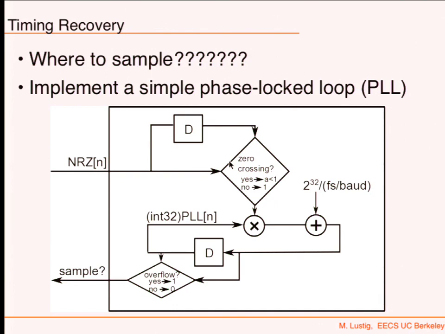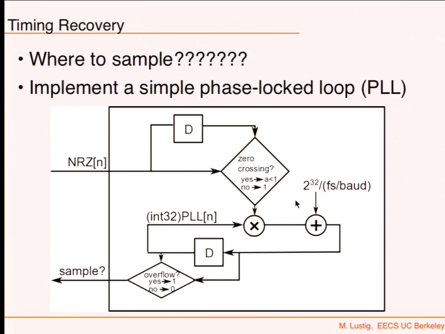How do I make sure they cross 0 at the same time? I check, is this crossing 0? If it is, I'm going to take my counter and nudge it towards 0. So if my counter is not 0 and the 0 crossing happens here, I'm going to nudge it a little bit towards 0, multiplied by an A, which is between 0 and 1.